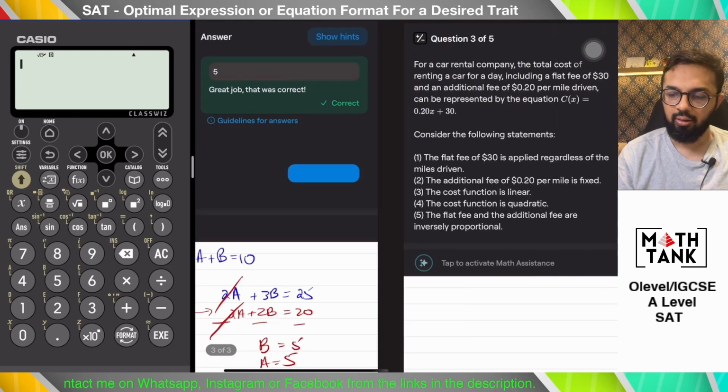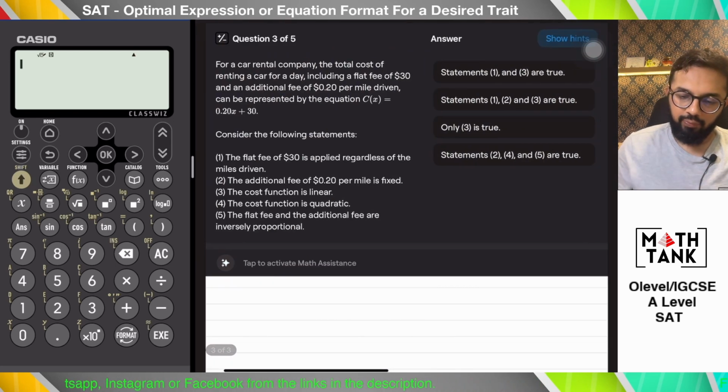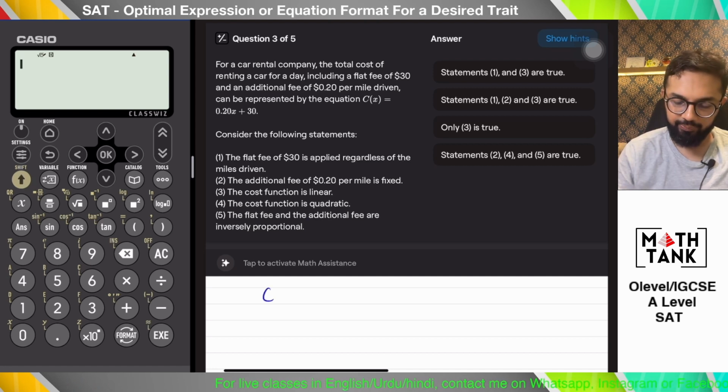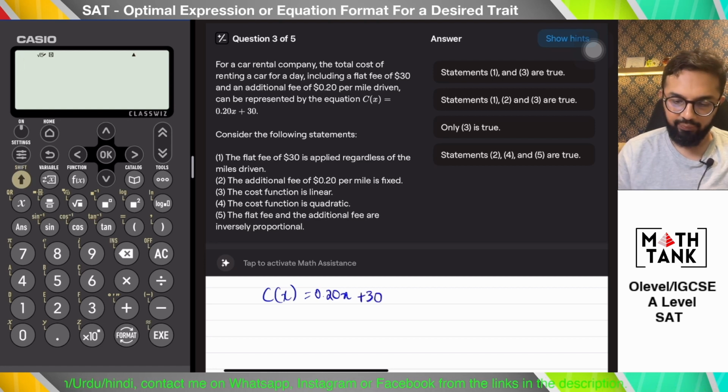Yes. Okay. For a car rental company, the total cost of renting a car for a day, including a flat fee of $30 and an additional fee of 0.20 per mile driven, can be represented by the function C(x). Consider the following statements. The flat fee of $30 is applied regardless of whatever miles are driven.